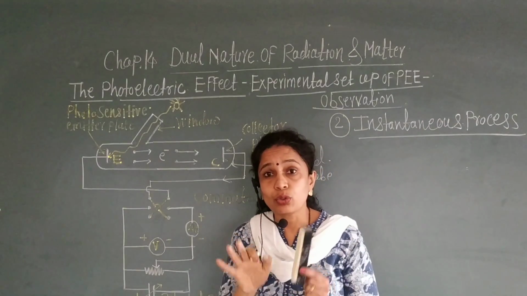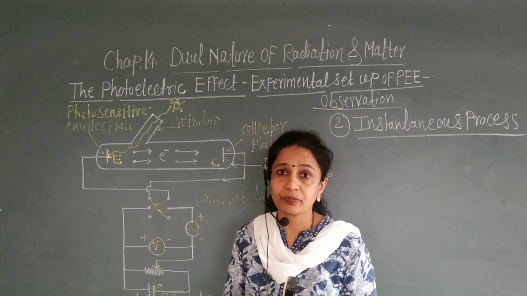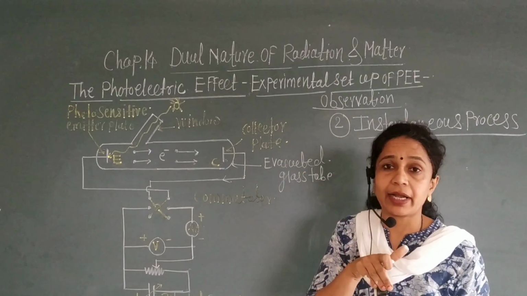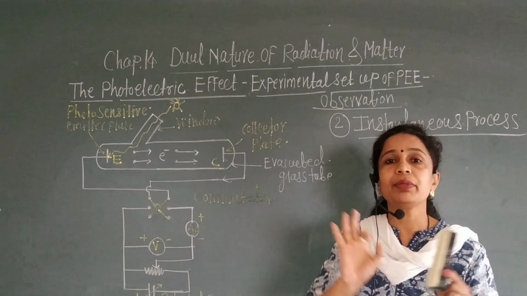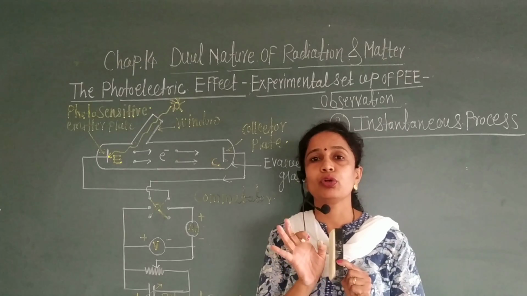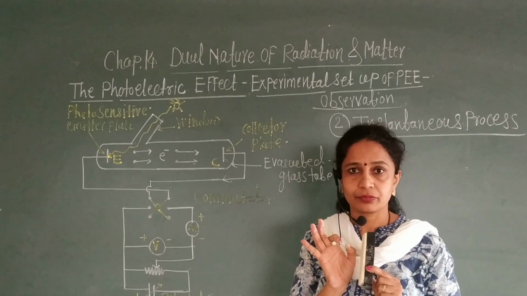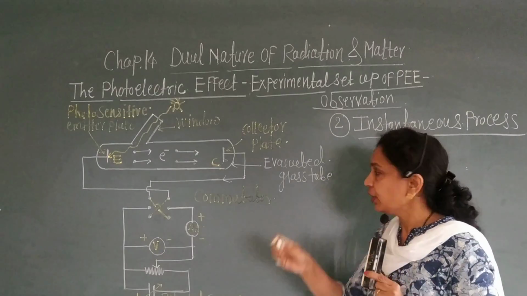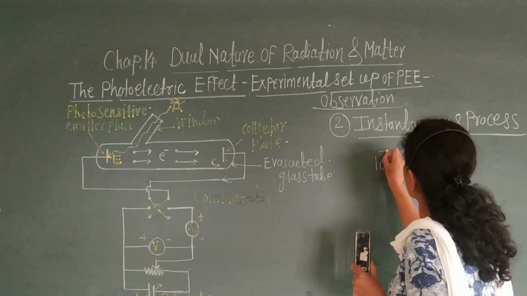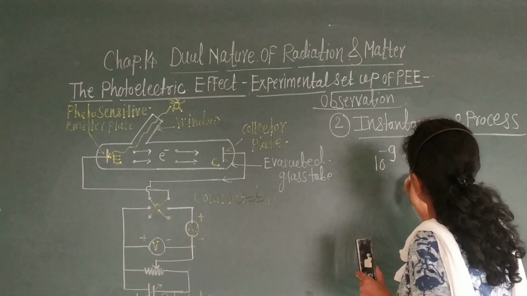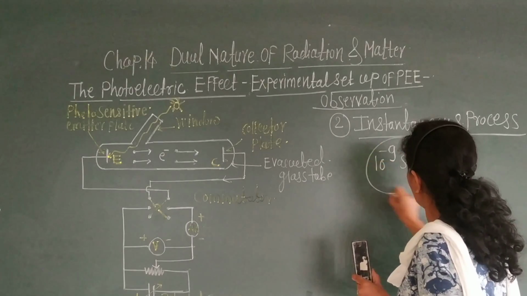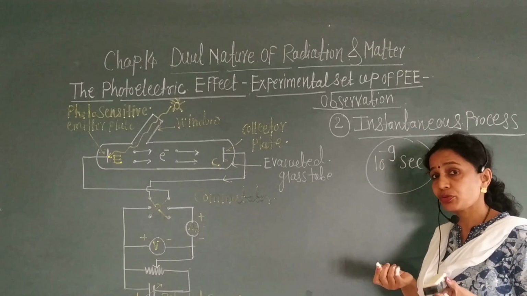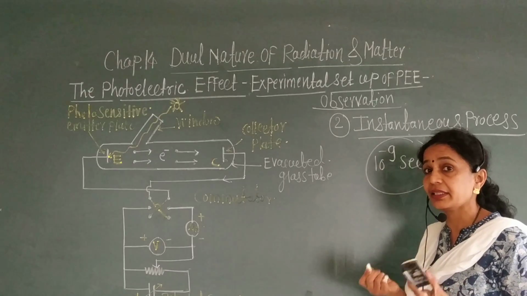There was no lag between the incident of radiation and the emission of photoelectrons. Photoelectric current started instantaneously within 10 raised to -9 seconds. This time is very, very small, 10 raised to -9 seconds.